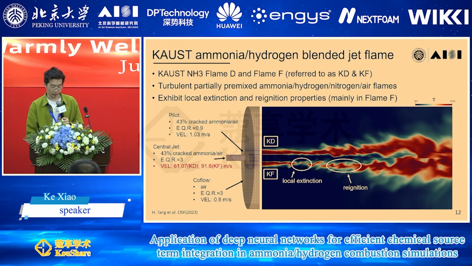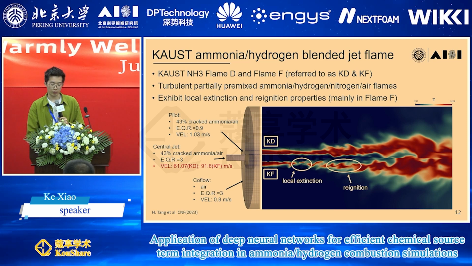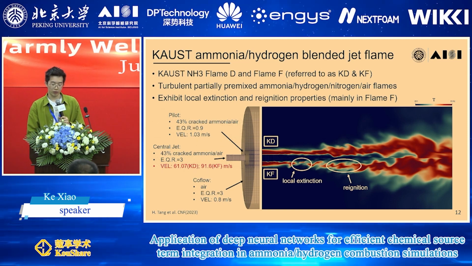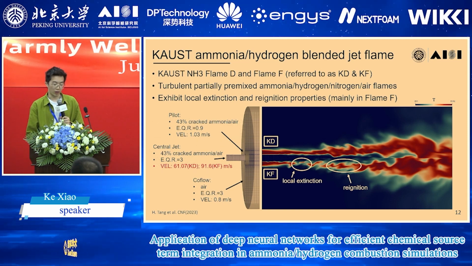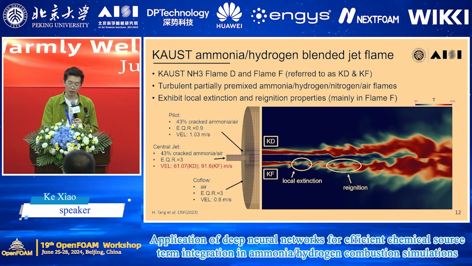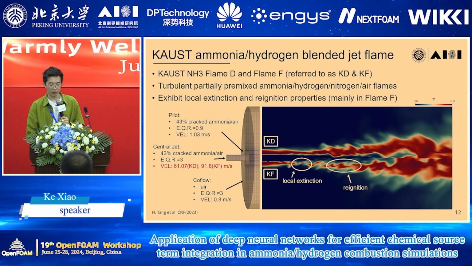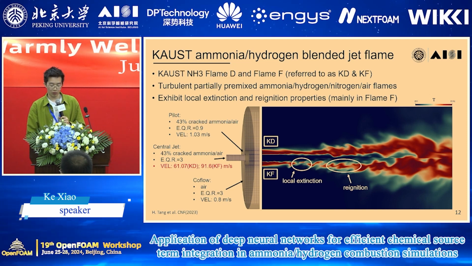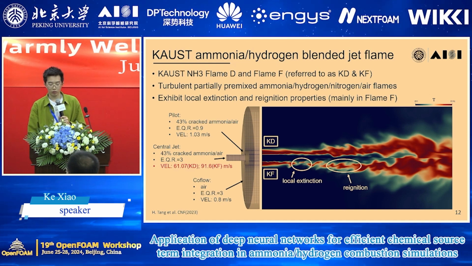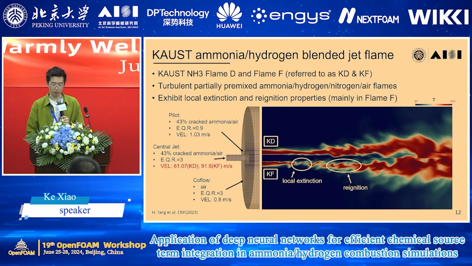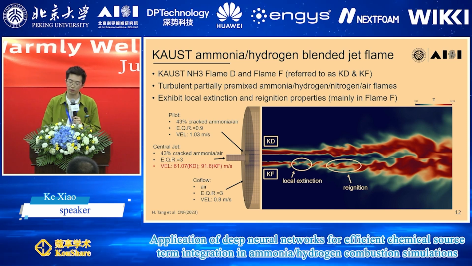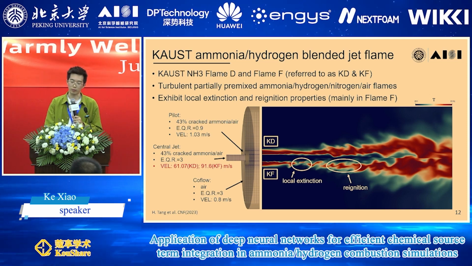We have a central main jet and pilot jet with different equivalence ratios of ammonia, hydrogen, nitrogen, and air blends, and they are surrounded by a co-flow of air. These flames exhibit local extinction properties, particularly in Flame F, which serve as a challenging validation case for the effectiveness and robustness of our DFODNet method.